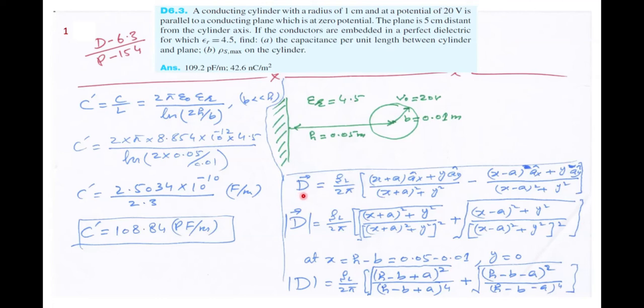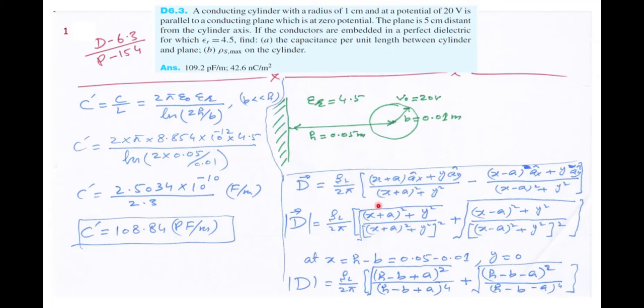First we need the magnitude of the D field. This D field is the electric flux density between the two conducting cylinders.